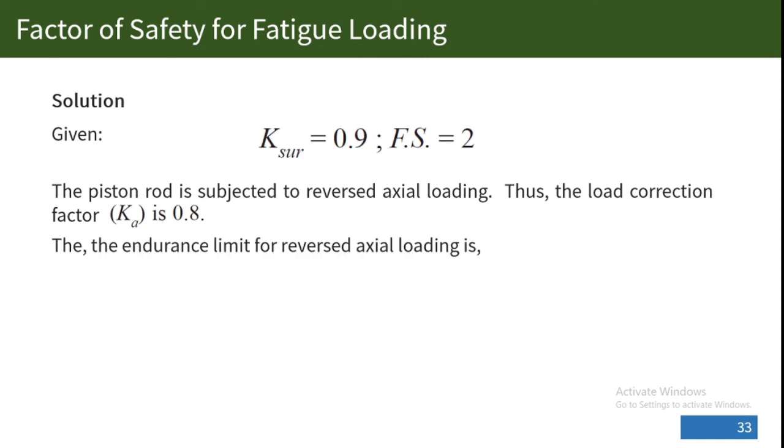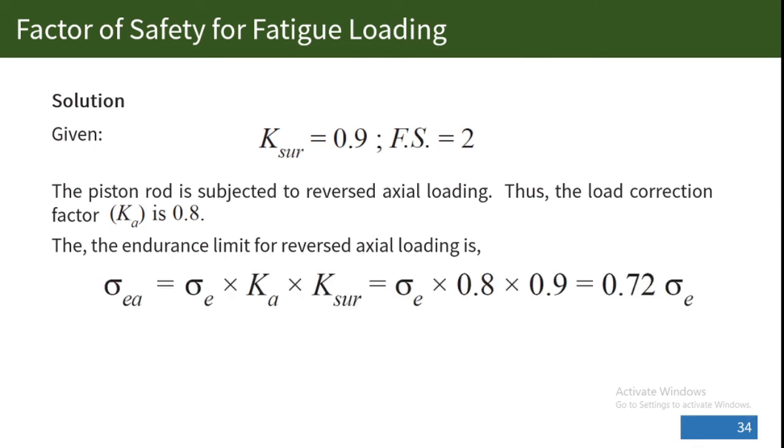And then the endurance limit for reverse axial load is equal to the endurance limit times the load correction factor for reversed axial load times the surface correction factor. So please, while you're watching this lecture, with your pen and paper, solve this problem on your own and verify your answers with the solution of this problem.